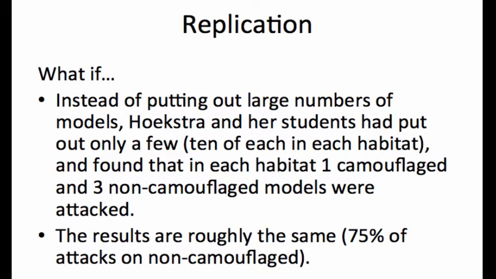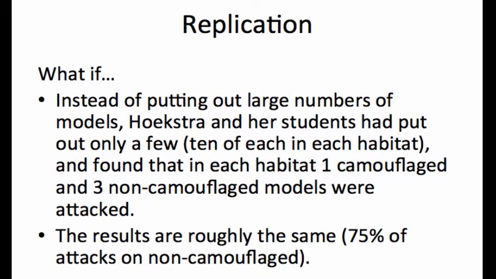Okay? And so the bigger the experiment, if we actually got 300 out of 400 attacks occurring on the non-camouflaged mice, that would say something a lot more strongly about our hypothesis. It would give us much, much stronger support for our hypothesis, which is that mice do better if they blend in with their background.